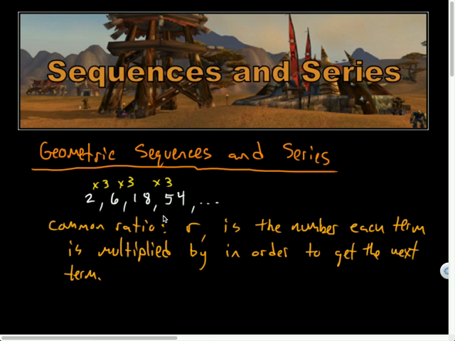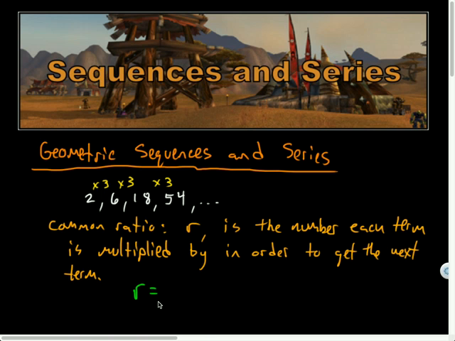I'm not even going to write that one down. But could someone give me a formula to calculate what R would be if I didn't know what R was in this case? You guys probably looked at the list and thought, 2 times what is 6?